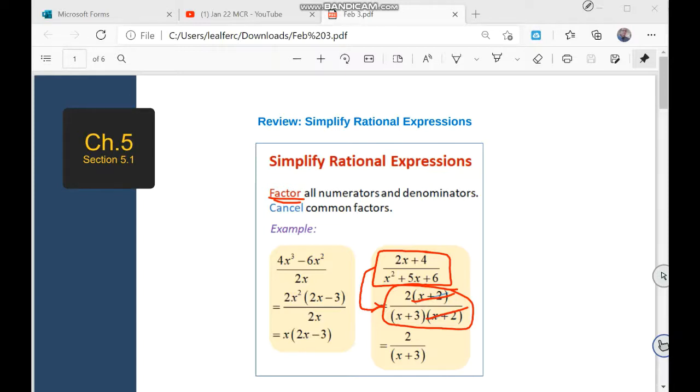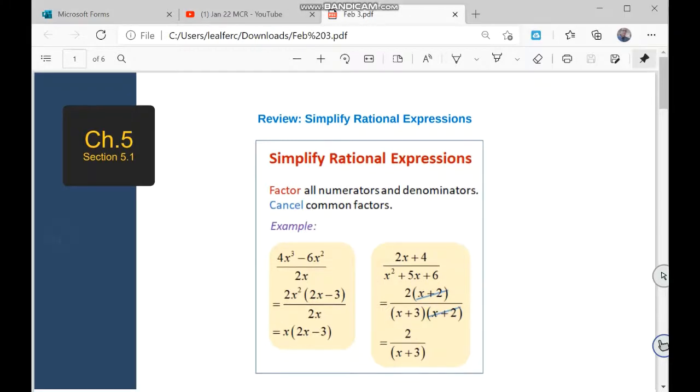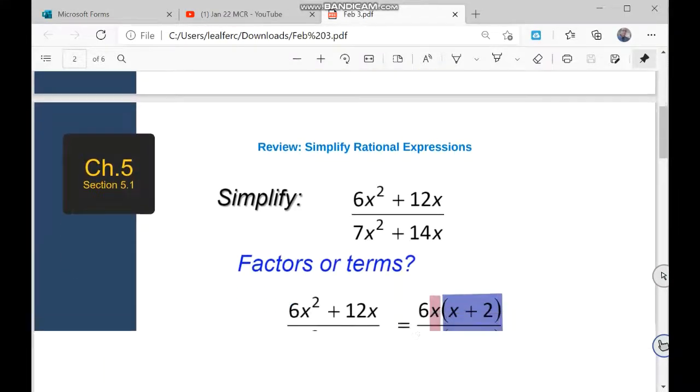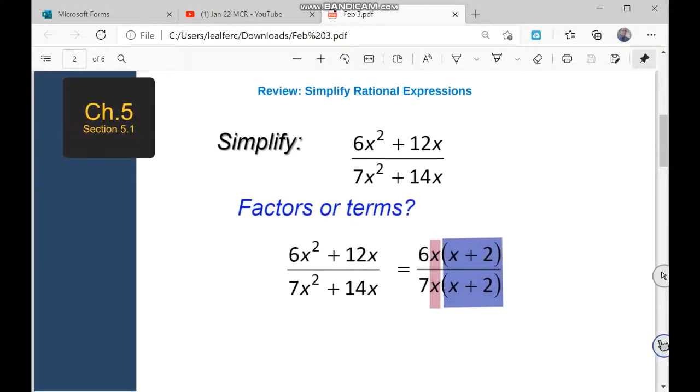Now let's understand a little bit more about factoring, how to reach this point. On the next slide, have a look at the example. Simplifying 6x squared plus 12x over 7x squared plus 14x.